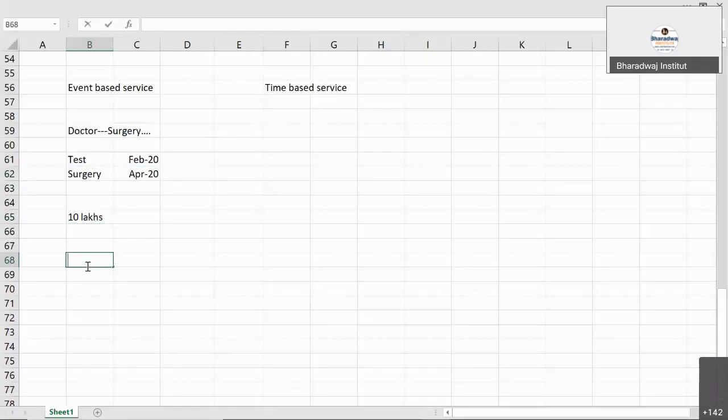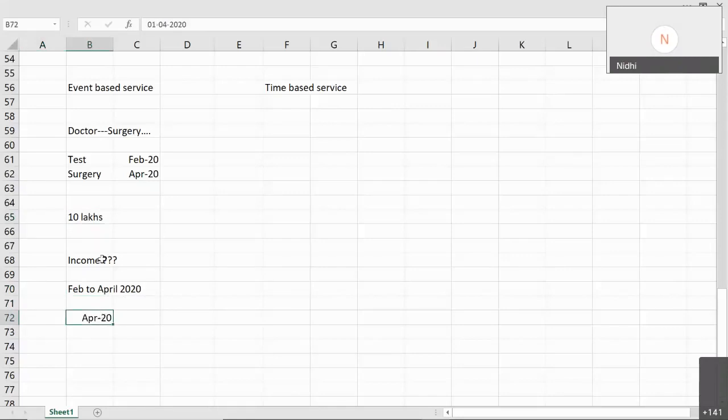Now, when will the income be recognized? Will you recognize it from February to April, over a period of 3 months, or will you take it as income in April 2020? You understand my question? Yes, income in April 2020 only.